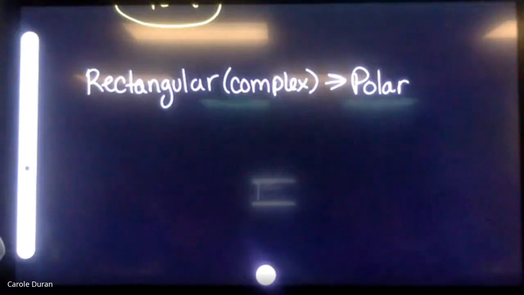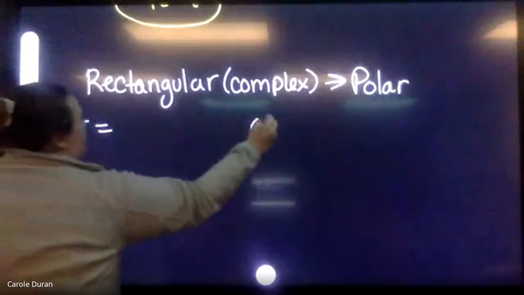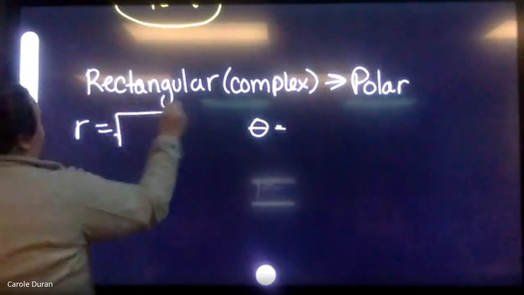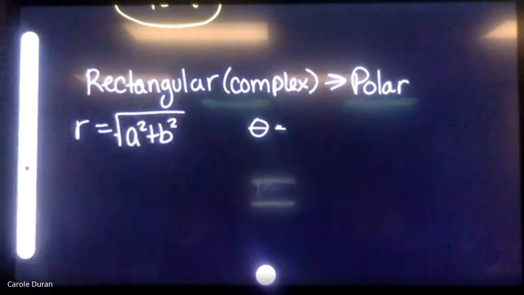If I'm going into polar coordinates, what do I need to have in order to write a polar coordinate? Your R and some numbers. R and theta, that's really all I need. So I know from the previous lesson that we did that R is going to be equal to the square root of a squared plus b squared, which is the same as x squared plus y squared.